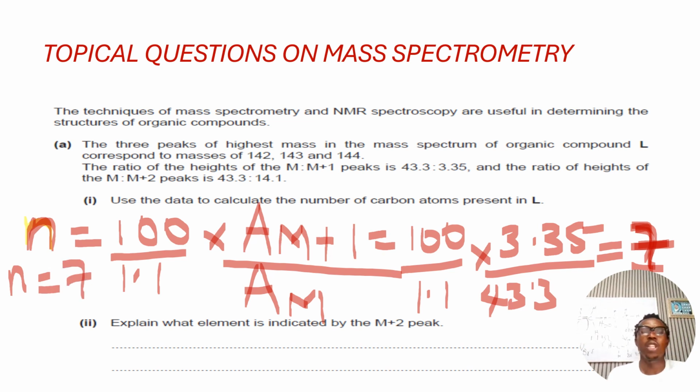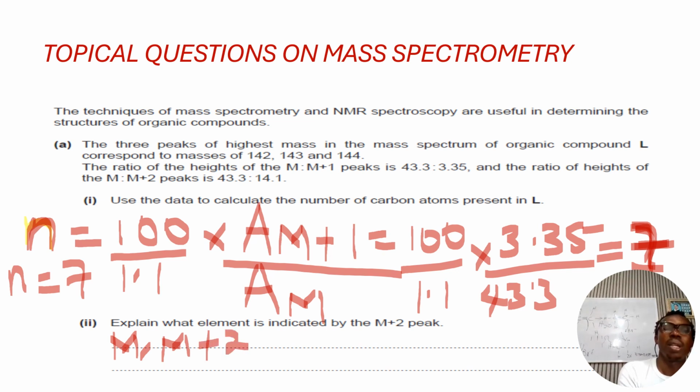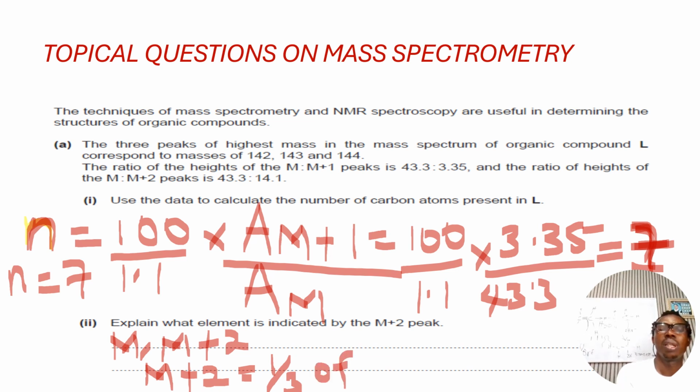Now the next question is, explain what element is indicated by the M plus 2 peak. If you look at the M peak and the M plus 2 peak, the M peak is 43.3 and the M plus 2 peak is 14.1. Mathematically, the M plus 2 peak is equal to 1/3 of the molecular ion peak.